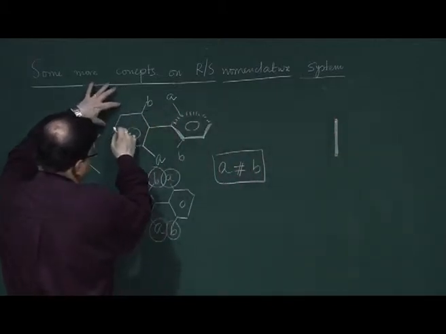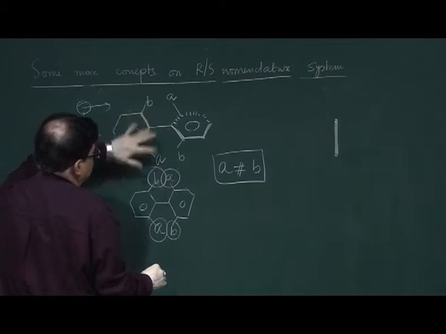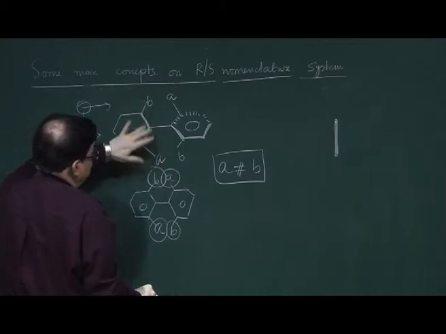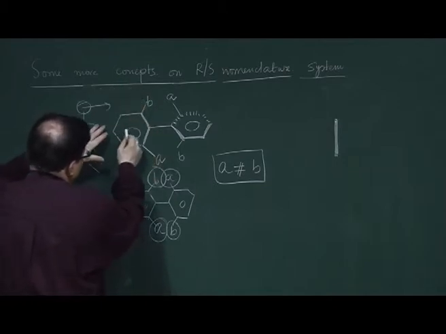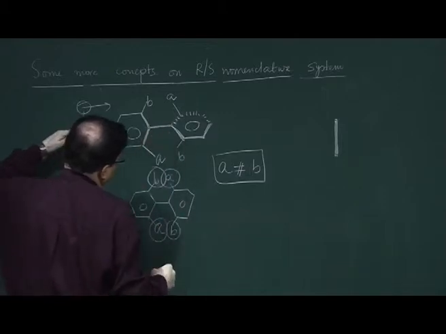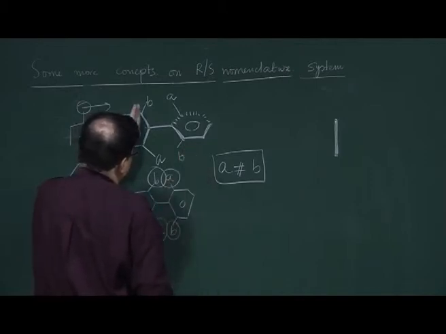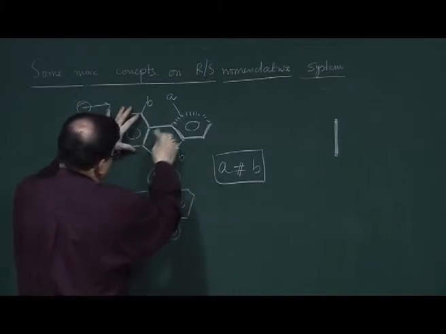I am considering this whole part, which is attached with these AB groups, and I am looking at this carbon-carbon axis. I am looking along the carbon-carbon axis, and now take a projection of this part and that part.